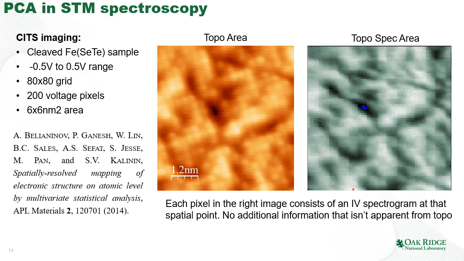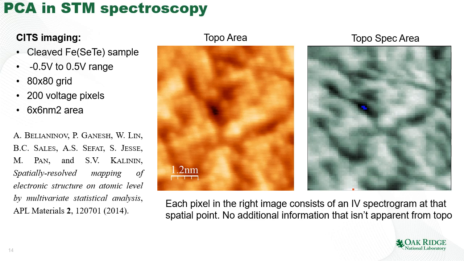And this data cube contains information about the superconductive properties of this material. So, what are we going to do with it? One thing we can do is take this data cube and average it over the voltage direction, so we essentially project it onto two-dimensional space. If you do that, you get an image.